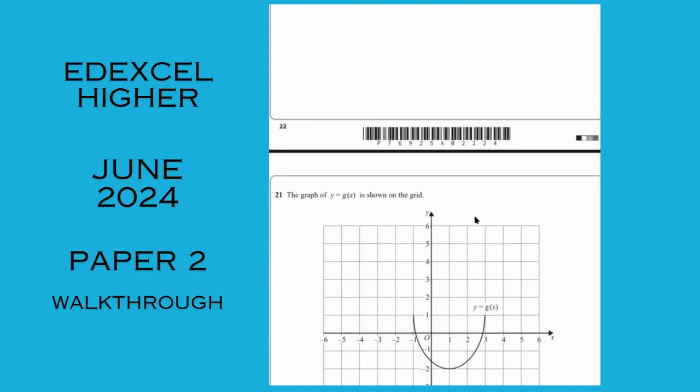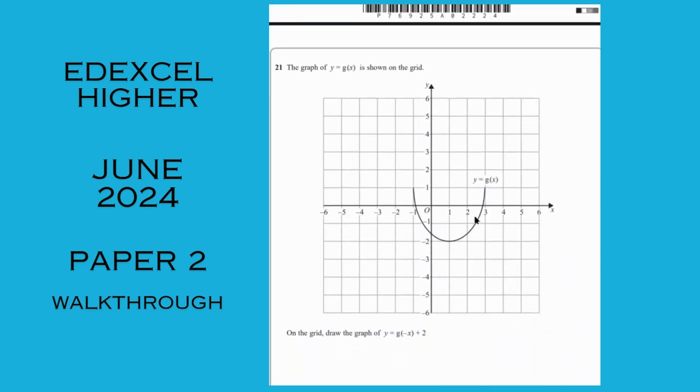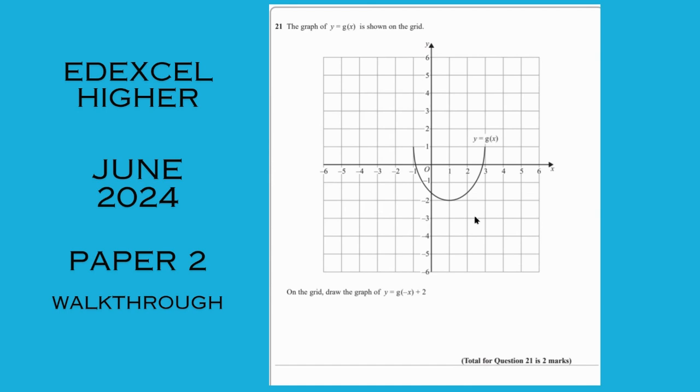On we go. So number 21, you can do the transformations in any order. Now, how would I go about it? As you can see, you've got x being replaced with -x. Now, if you don't know that, well worth learning that that's a reflection in the y-axis. That would take this coordinate to here.